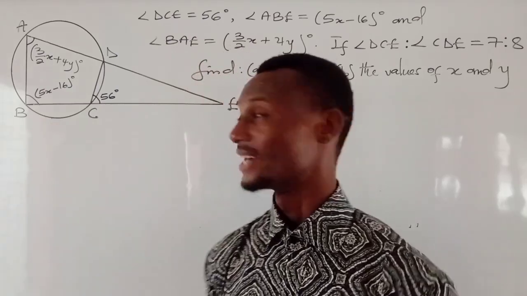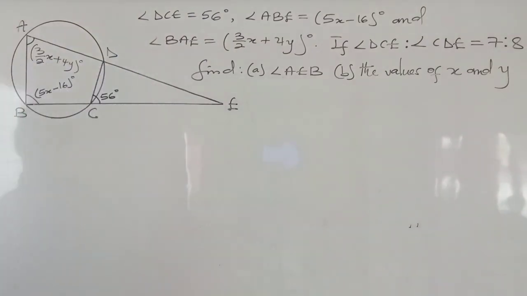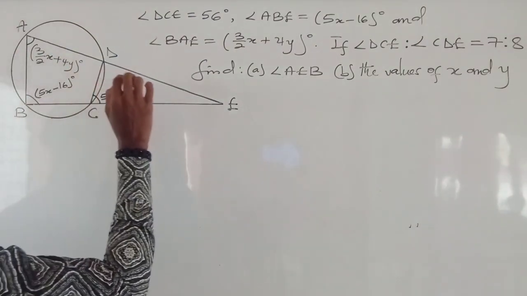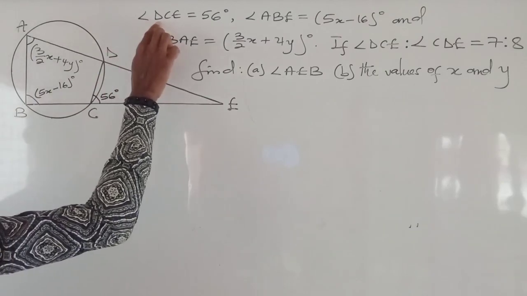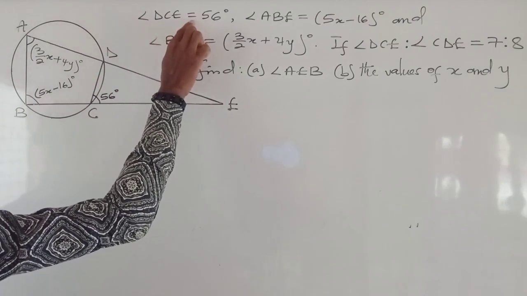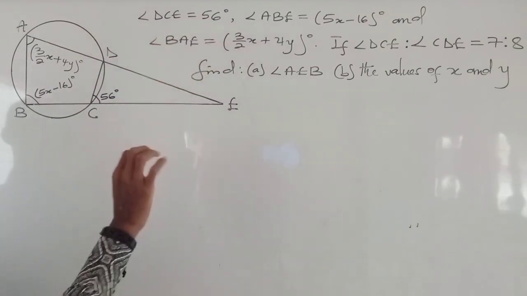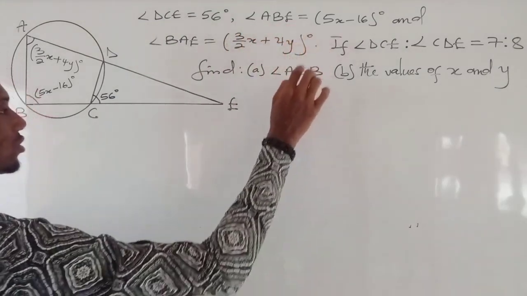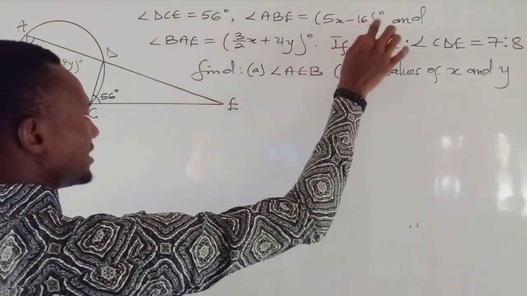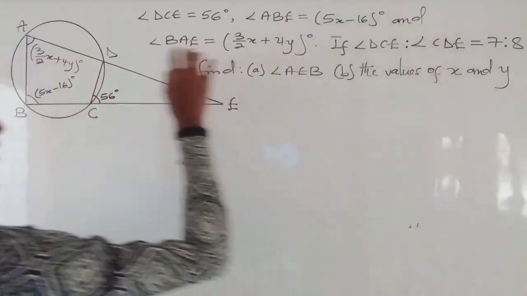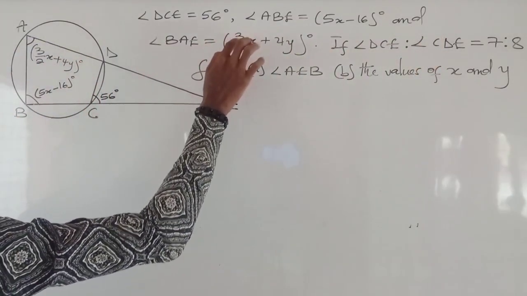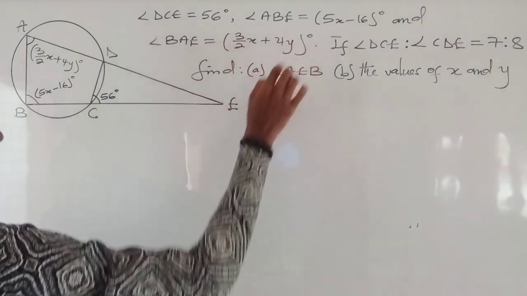Let's look at the question and read it together. There's a diagram given, and it says that angle DCE equals 56 degrees, angle ABE equals 5s minus 16 degrees, and angle BAE equals 3/2 s plus 4y degrees.